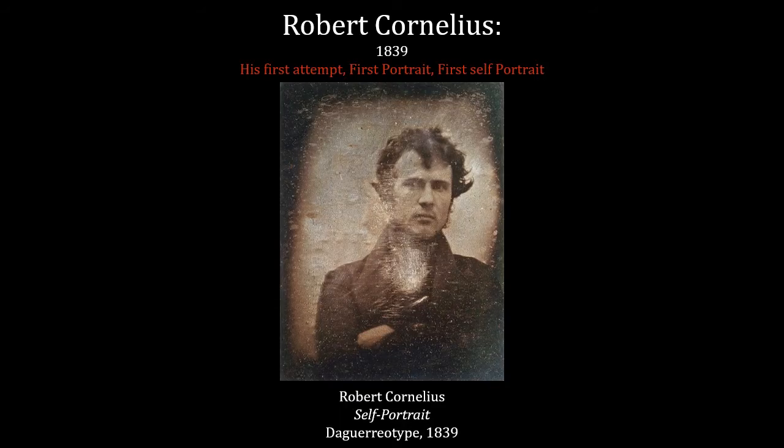Robert Cornelius is given credit for possibly the first self-portrait, where the other photographs at this time, mainly in 1839, are of buildings and still lifes.